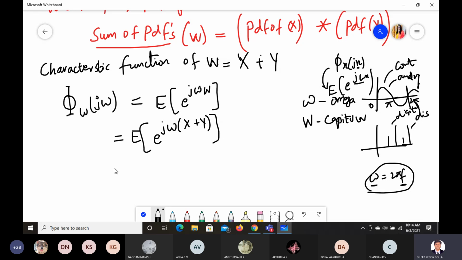Is that okay? Any doubt here? If you split up the sum, it will be e power j omega X into e power j omega Y. We get it like this.